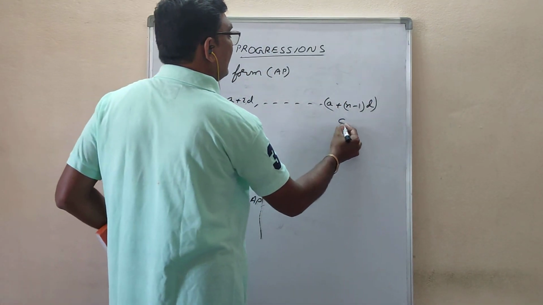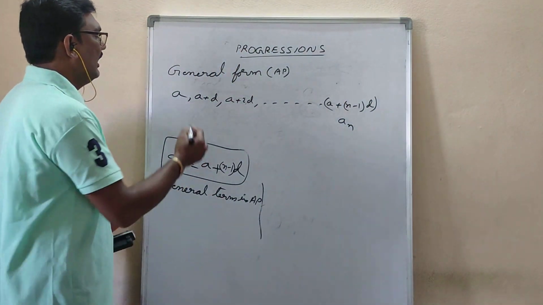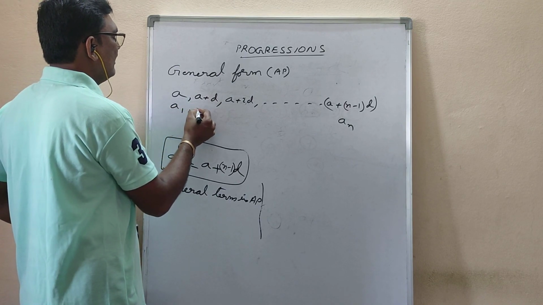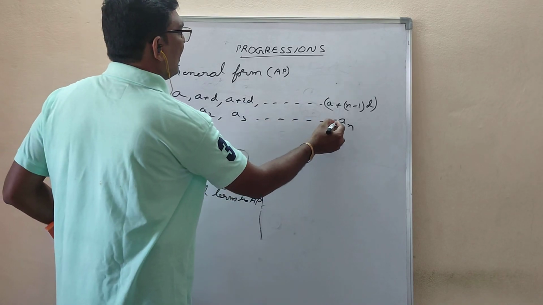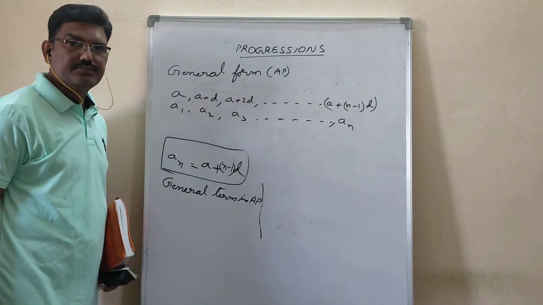This is called an, and this is a1, a2, a3, etc., an.